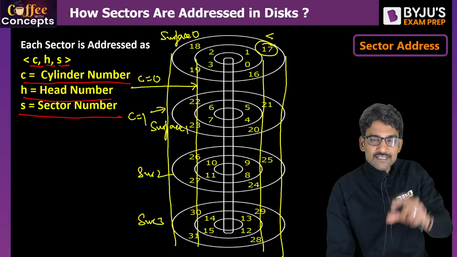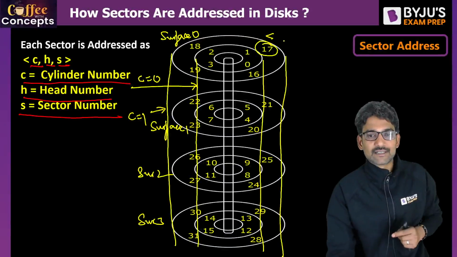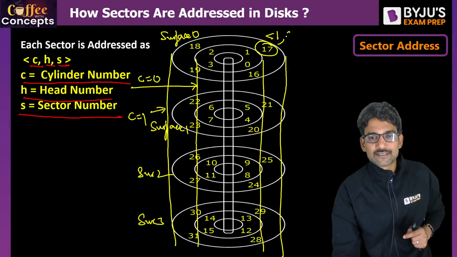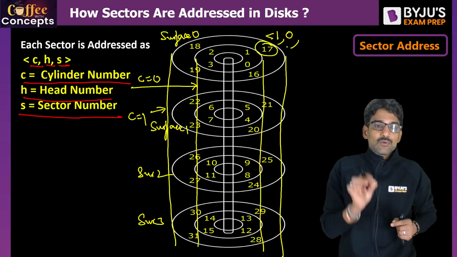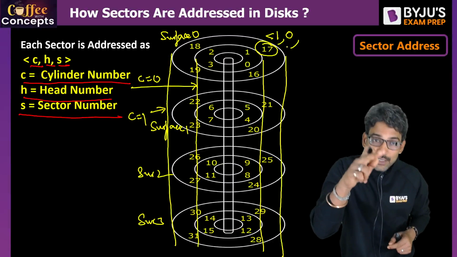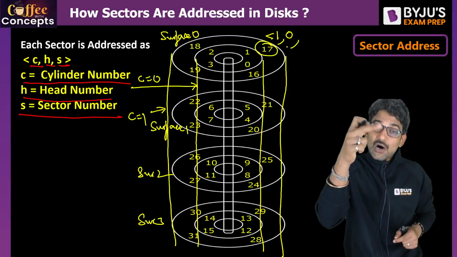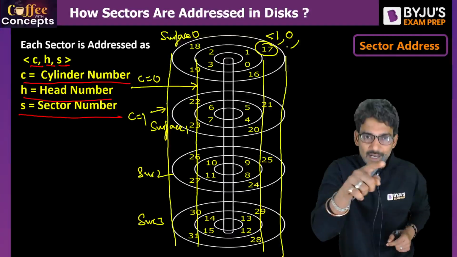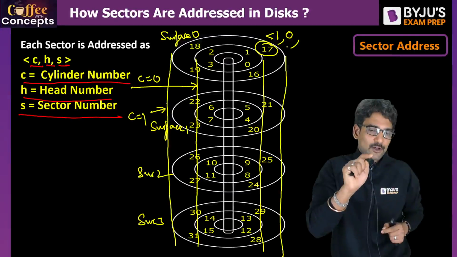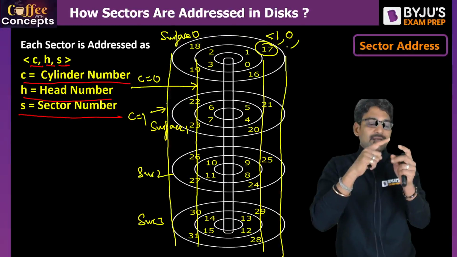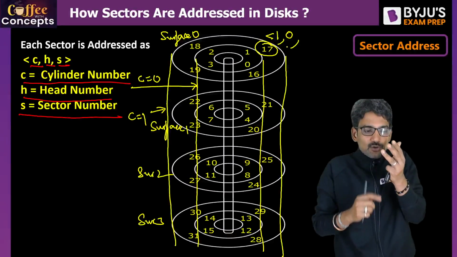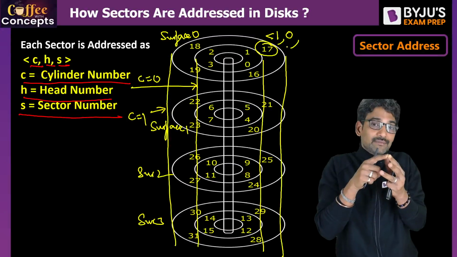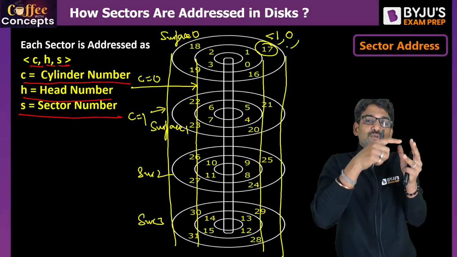So the address of 17 would be what? It is on the outer cylinder, its number is 1. On which surface? Surface 0. Now what is S here? On this track we have 16, 17, 18, 19, which are 4 sectors numbered 0, 1, 2, 3.